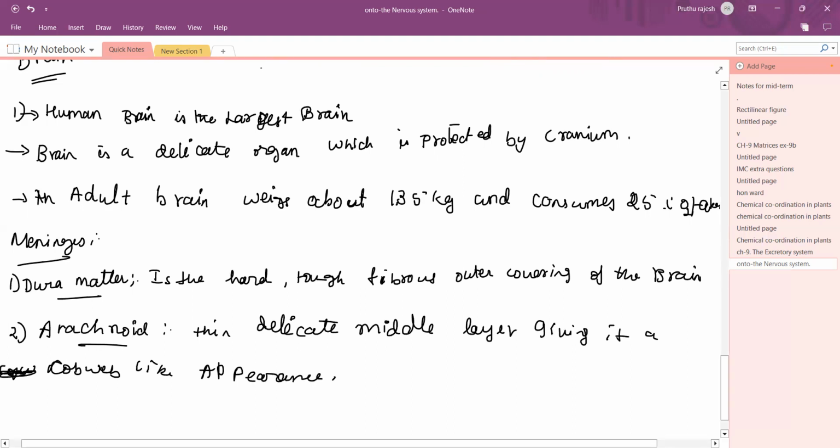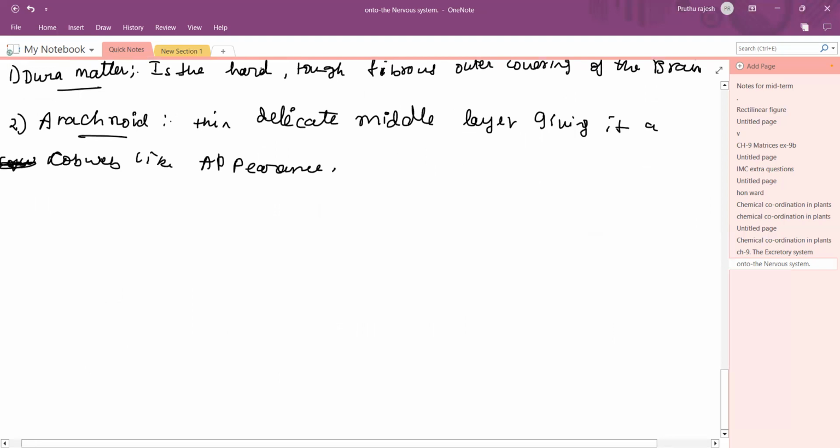So next one is the last and innermost membrane, which is called pia mater.